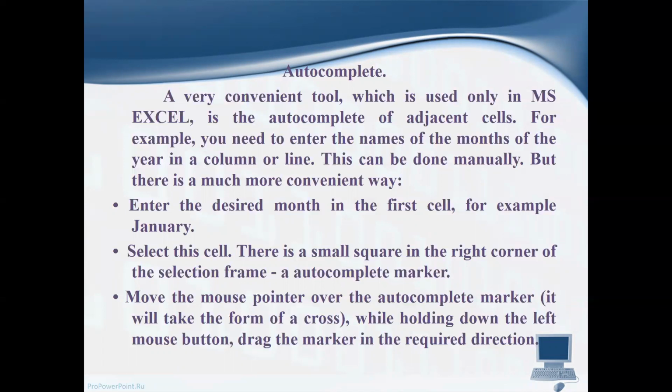Select this cell. There is a small square in the right corner of the selection frame, the autocomplete marker. Move the mouse pointer over the autocomplete marker while holding down the left mouse button. Drag the marker in the required direction.